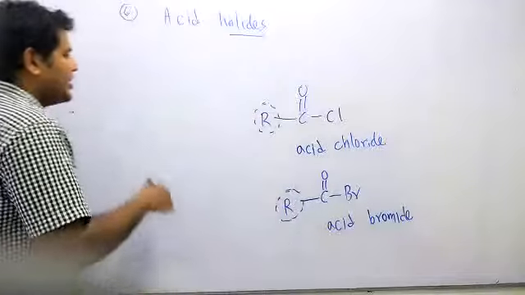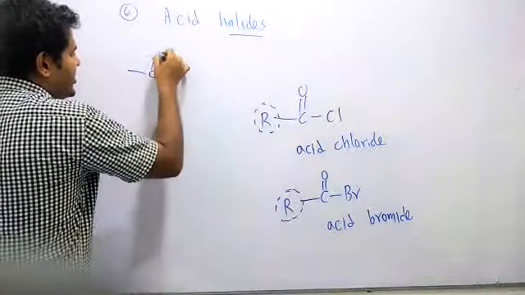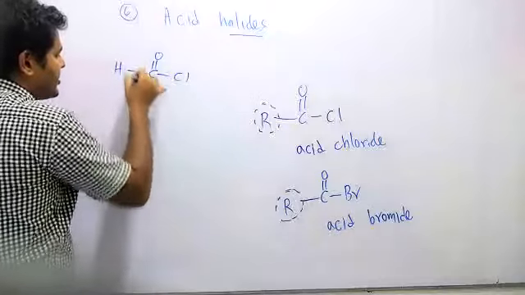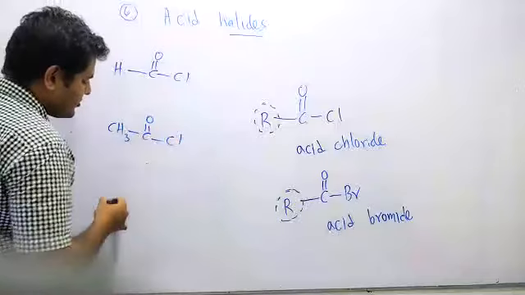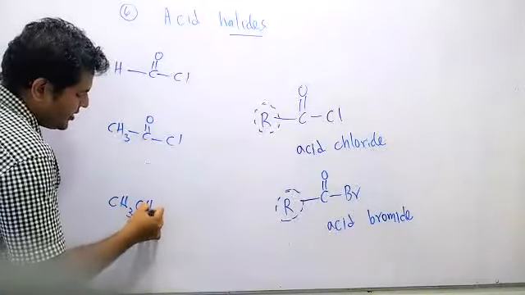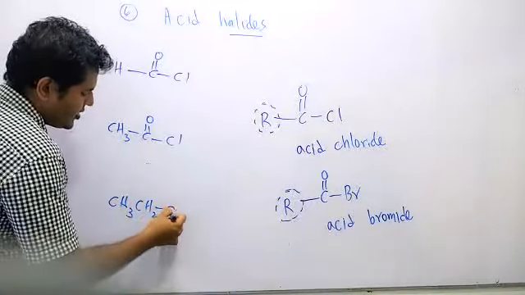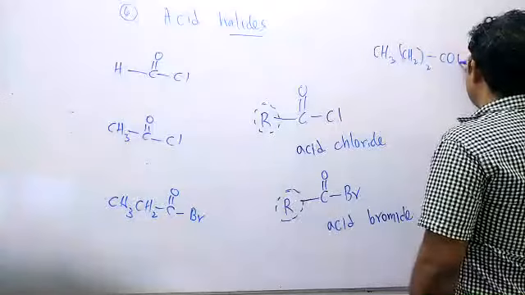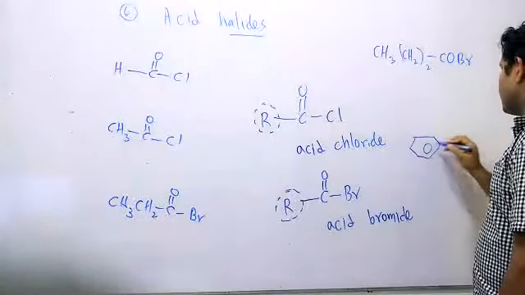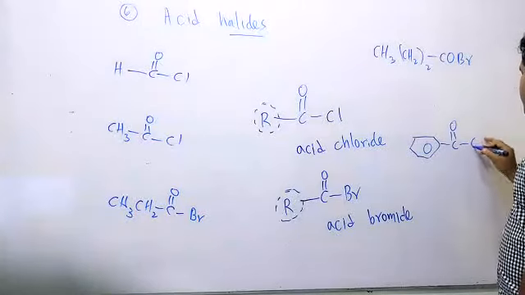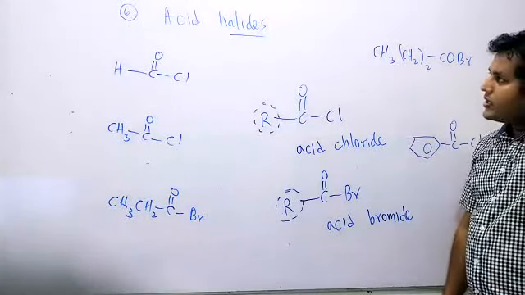Here let's get some structures: HCOCl, CH3COCl, CH3CH2COBr, CH3CH2CH2COBr, and benzene with COCl.